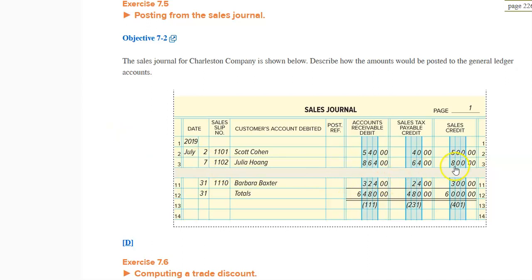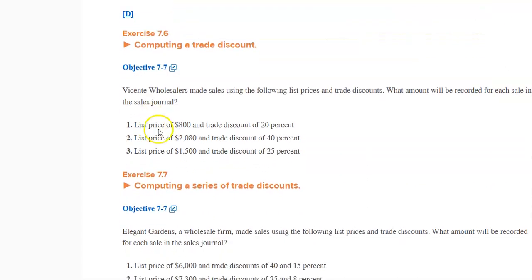Okay, so the first one, we would take this and we'd post it to the general ledger. Actually, they ask you to type it all out in a sentence, which is kind of long and difficult. We're going to skip 7.5. Let's go straight to 7.6.